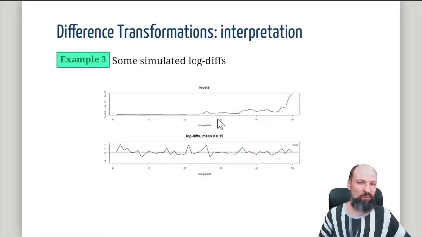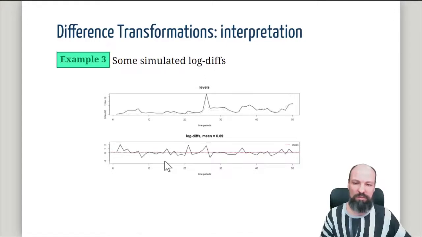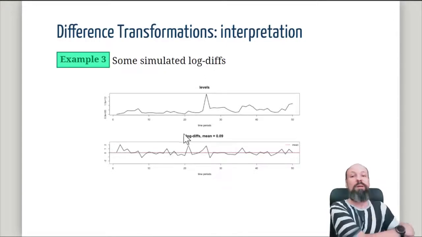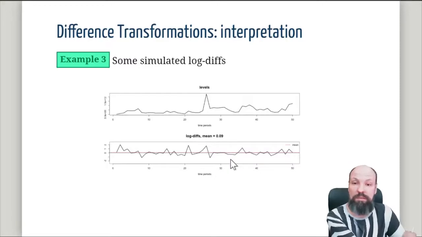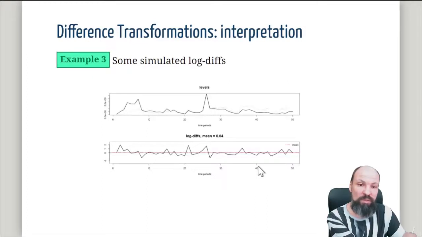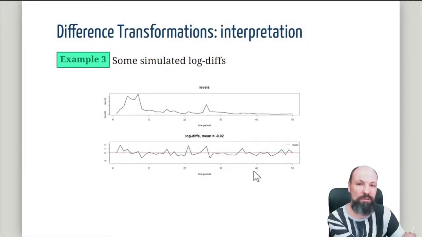Maybe the second part looks more like exponential because this tail looks almost constant, being so small compared to the other values. And the moment the mean level of the log diffs changes from positive to negative, the level dynamics change from growth to decline. Same idea as with the first differences.